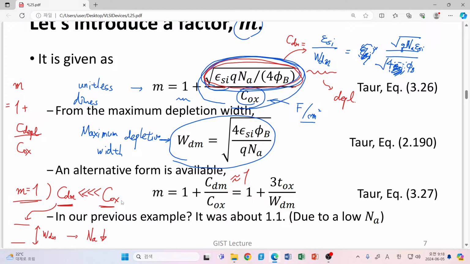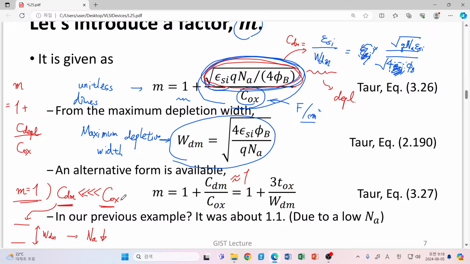Now your device shows quite good, as we will see later, quite good relation between your gate voltage and surface potential. So your surface potential can be well controlled by your gate voltage. That is a good thing.